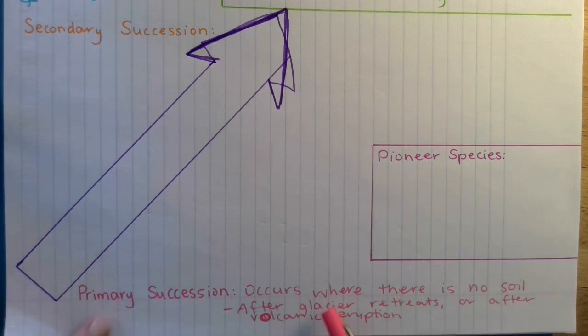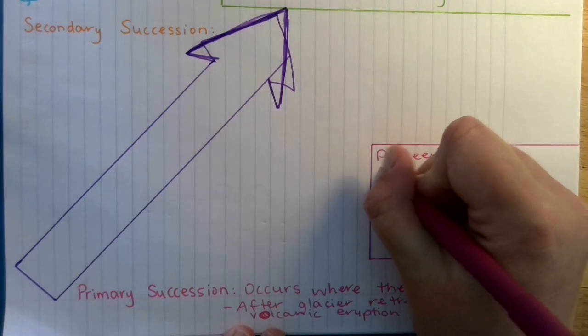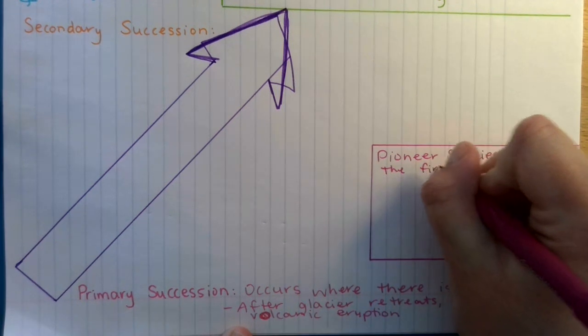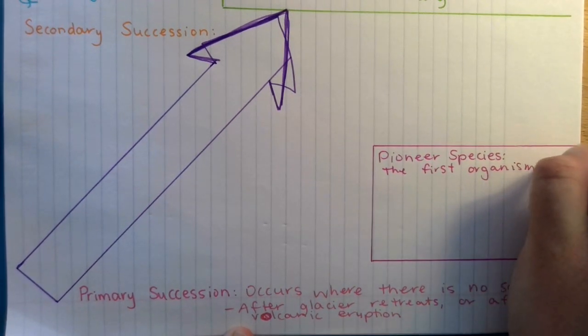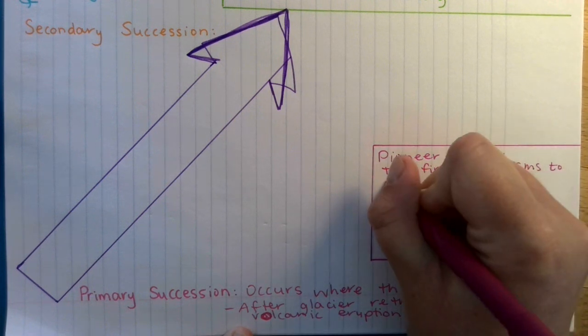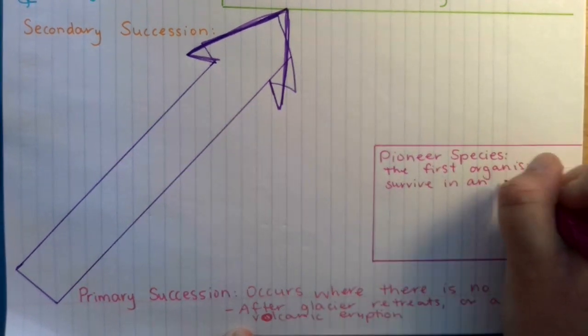After this, then we work our way up to the next stage, which is pioneer species come in. So they're the first organisms to survive in an area.